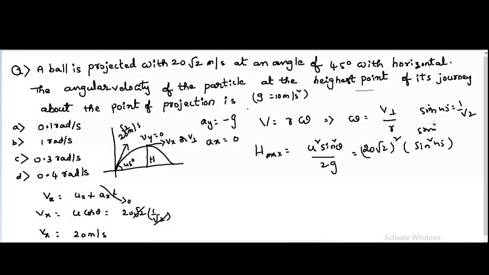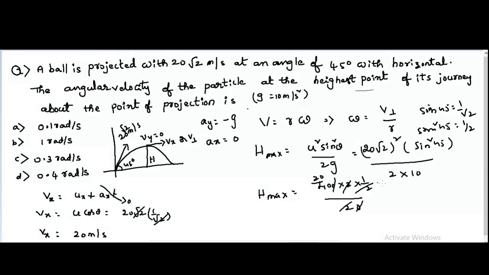Sine square 45 is 1 by 2, divided by 2 into g. Take g equals 10 meter per second square. Then H max becomes 400 into 2 into 1 by 2 divided by 20. So this will become 20 meters.